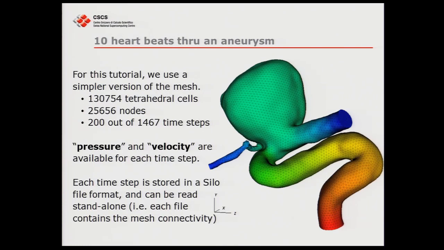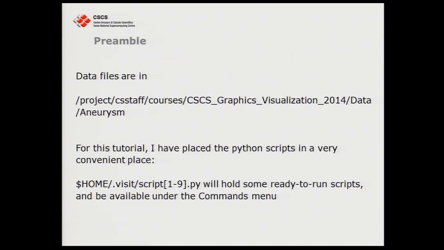So here's the first task, to display the mesh. Not only the pseudo-color display of pressure, but I also want to see the mesh like this. You see that we have a tetrahedral mesh available. The data files are right here in the project course directory.